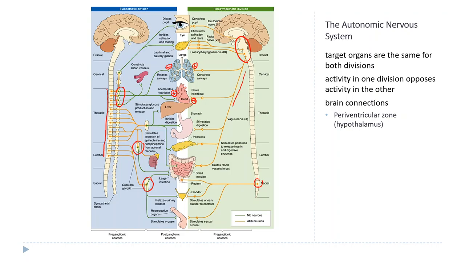Again, the hypothalamus's job is to regulate homeostasis. So through the lungs and the circulatory system and the digestive system, it can help with those jobs. There's also a structure in the medulla called the nucleus of the solitary tract, which also has a lot of influence over the autonomic nervous system.